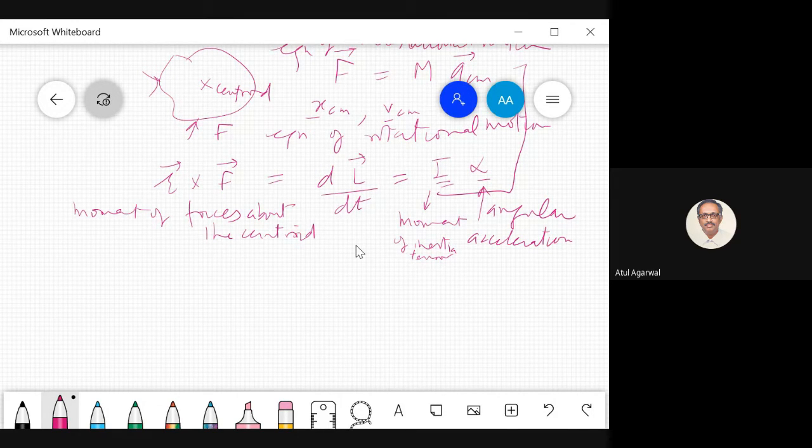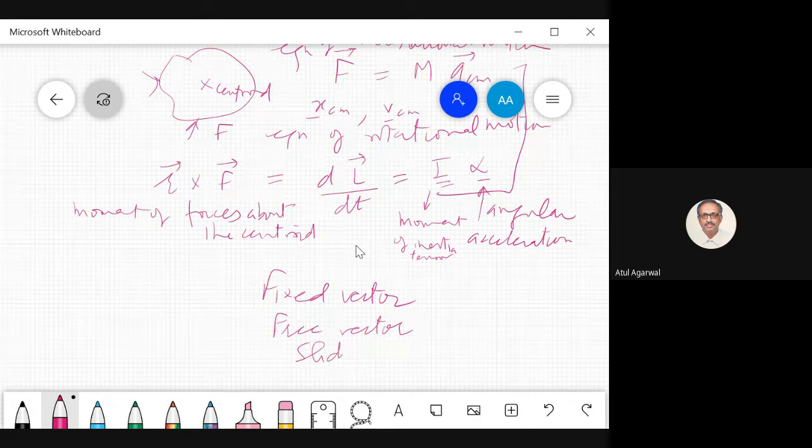So another concept is of fixed vector, free vector, sliding vector. So these are important concepts. What is the meaning of fixed vector?